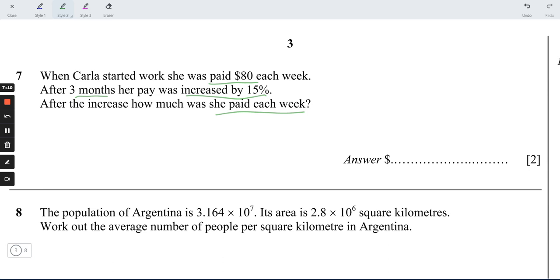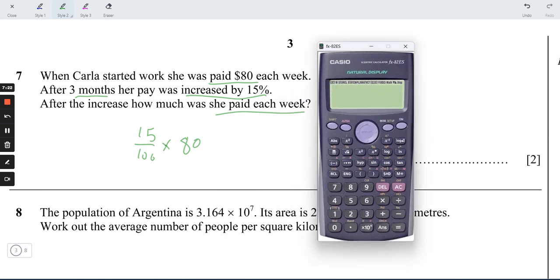So we need to find 15% of, which means times 80. Here we can also use our calculator. We'll write 15% times 80, which is equal to 12.